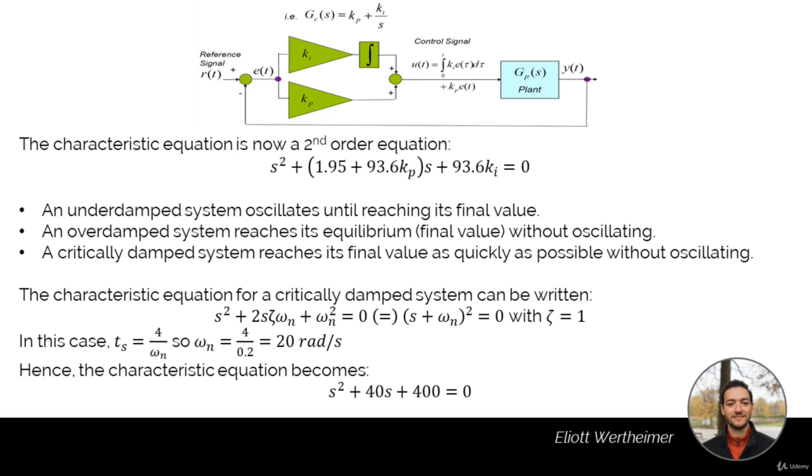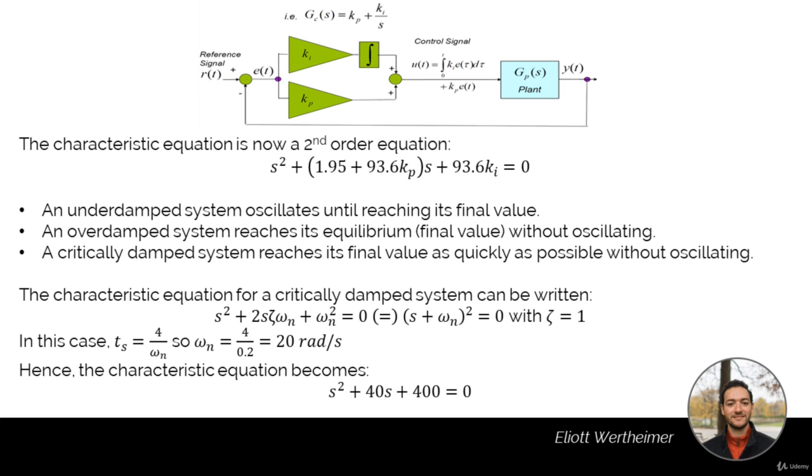Finally, a critically damped system reaches its final value as quickly as possible without oscillating. It is basically the type of damping that is at the limit between an underdamped system and an overdamped system. Obviously, a critically damped system is what we are going to try to aim for most of the time.